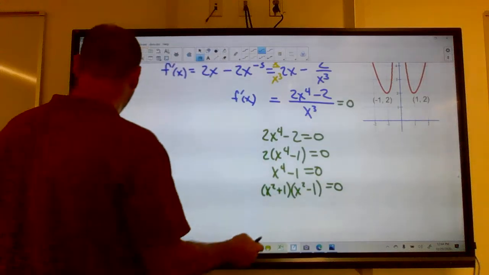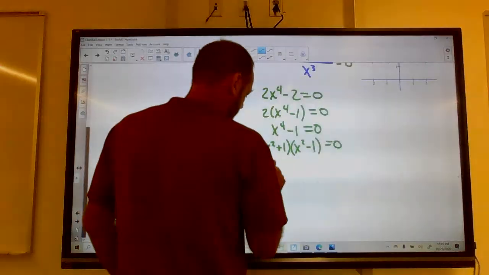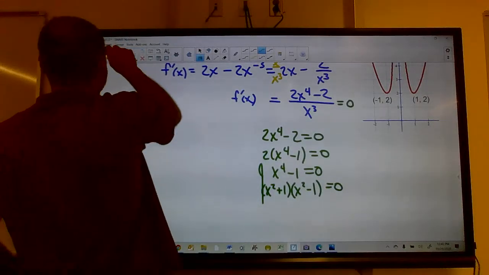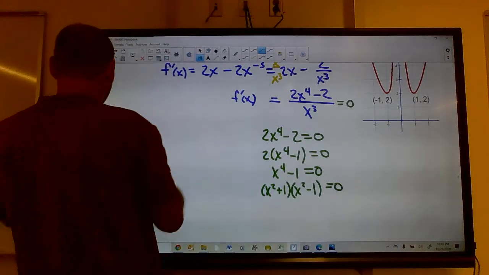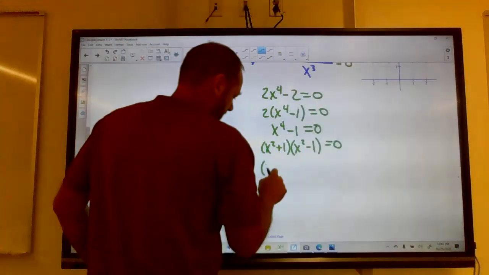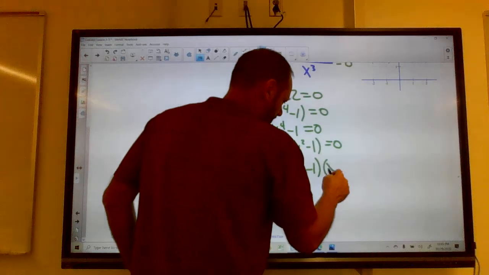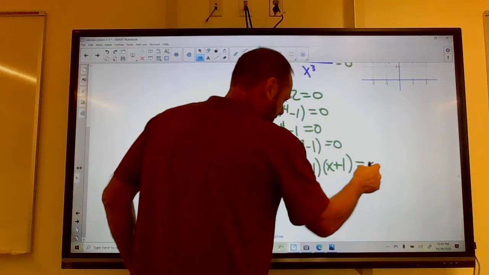And then I can factor that down. That's the difference of two perfect squares also. So it's going to be x squared plus 1 times x minus 1, x plus 1.